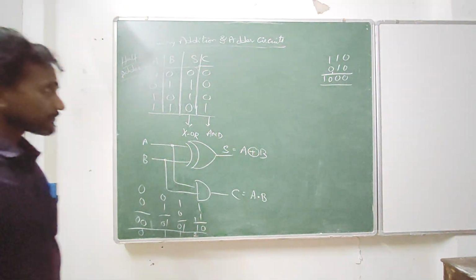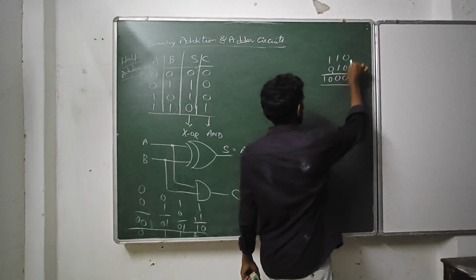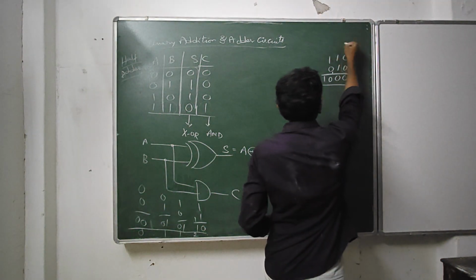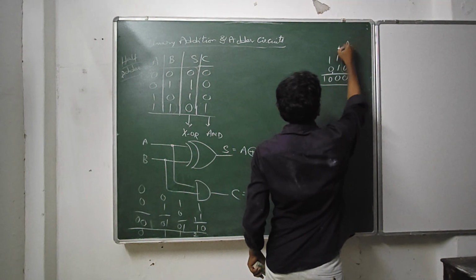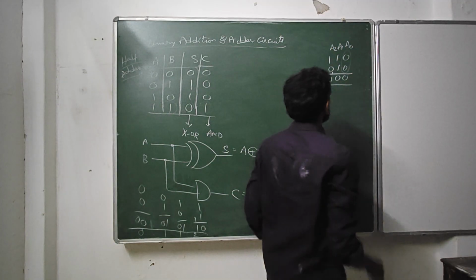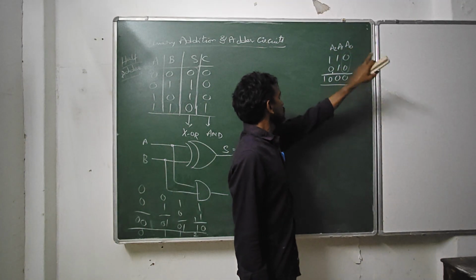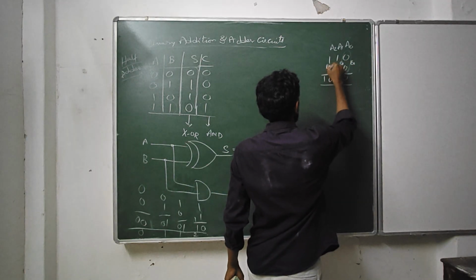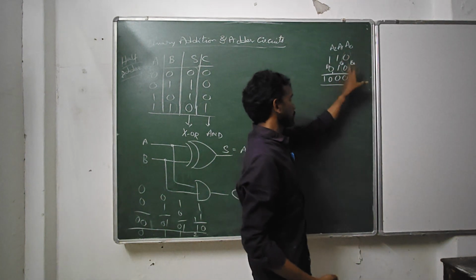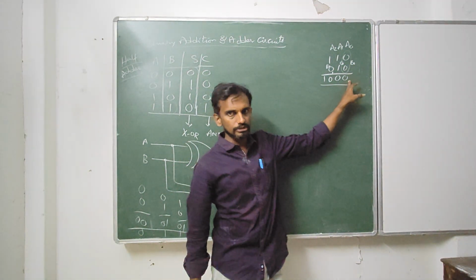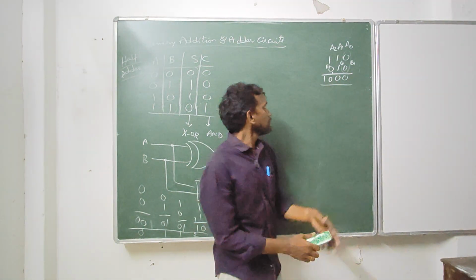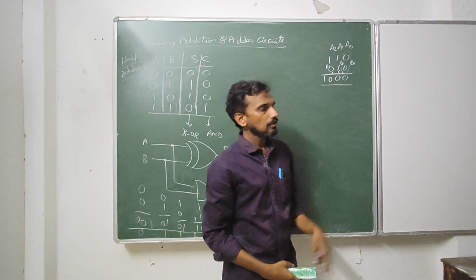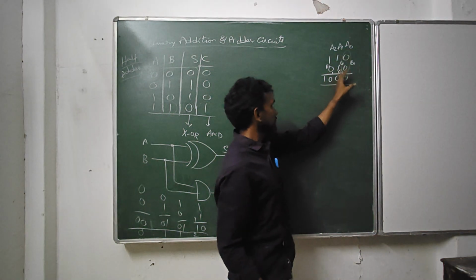So what are you doing? You are adding two numbers. Let's say this is A0, A1 and A2. And this will be B0, B1 and B2. So you are adding the A0 and B0, you get some result. If there is any carry, it will be forwarded as C1 to the next level, and you are adding A1, B1 and C1.